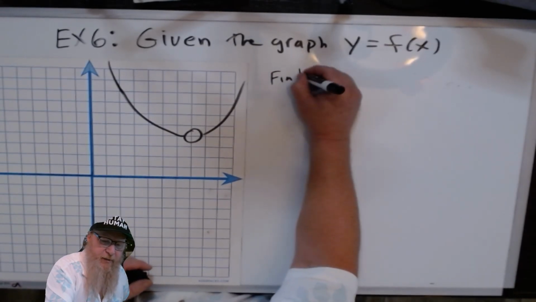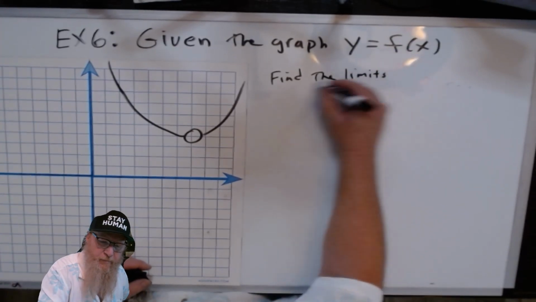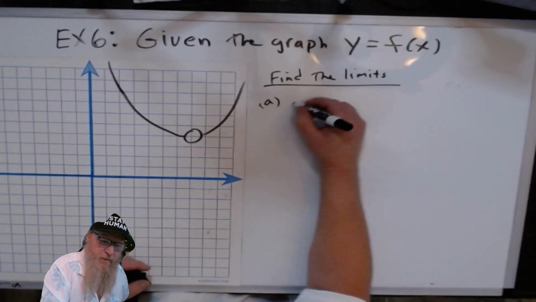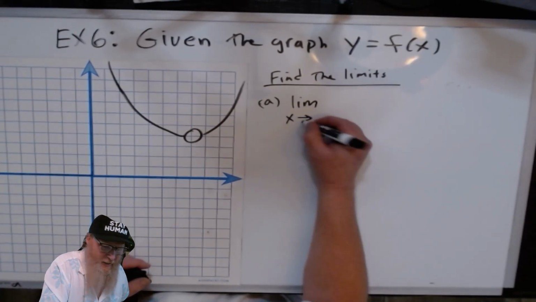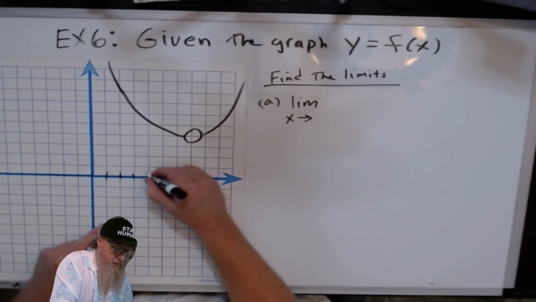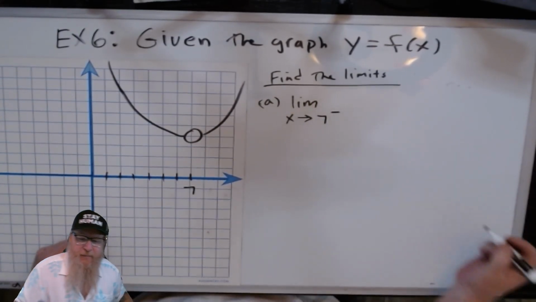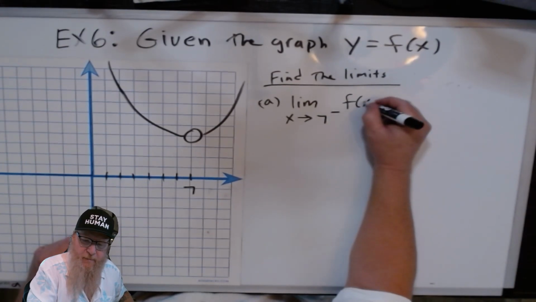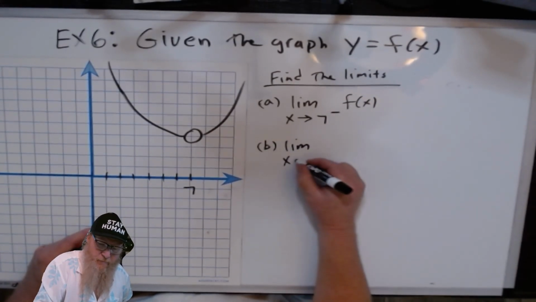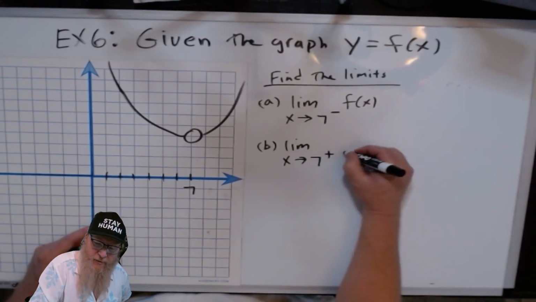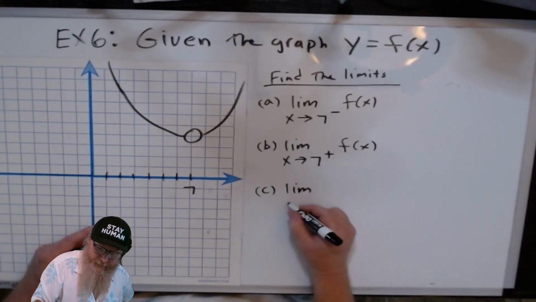So find the limits. The critical value looks like 1, 2, 3, 4, 5, 6, 7. As soon as I write all this down, you can answer them as quickly as I can write them down.